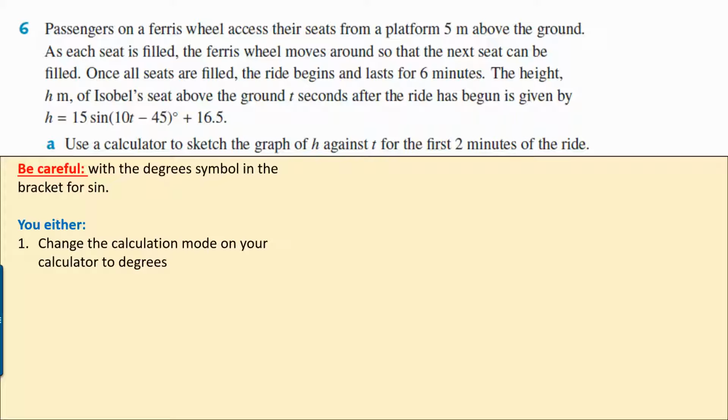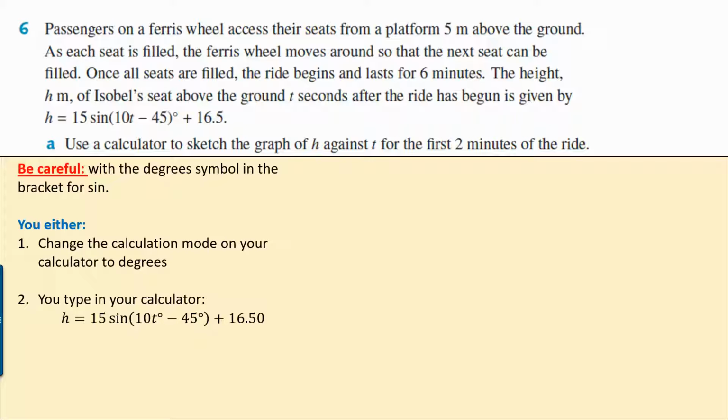You either change the calculation mode from radians to degrees, then you don't have to worry about it, and type it the way you see it, or you type in your calculator like this. What I meant is that 10t degrees will tell it that it is in degrees, and the minus 45 degrees. So before you do the sine of the angle, you already know the angle is in degrees, not radians. If you left the degrees on the outside, it calculates it in radians before it turns to degrees, and you'll find that when you sketch it, it looks weird.